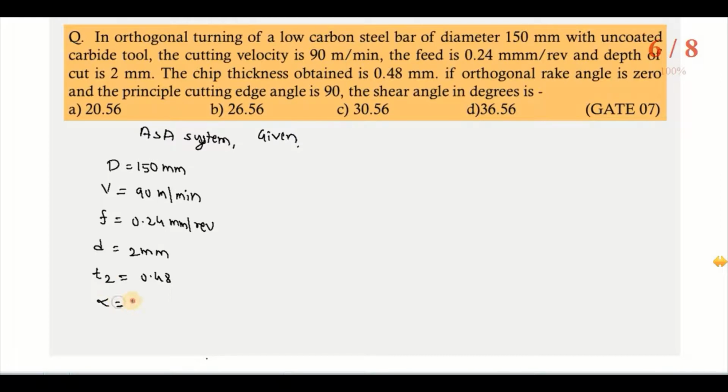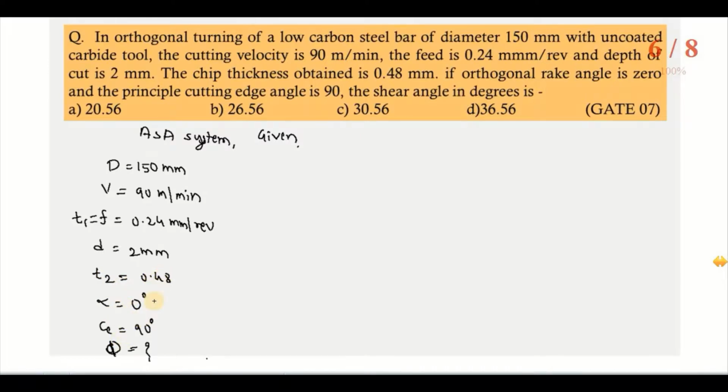Then alpha is given as 0 degree and the principal cutting edge angle is given as 90 degree. So we have to find out what the shear plane angle value will be. Here, if feed is given, we have to take it as T1, that is the chip thickness before machining. T2 is the chip thickness.